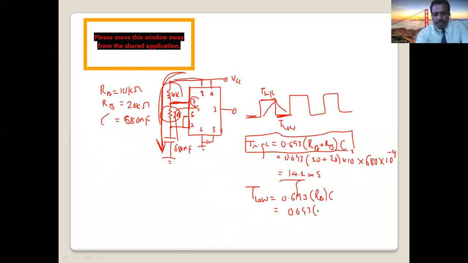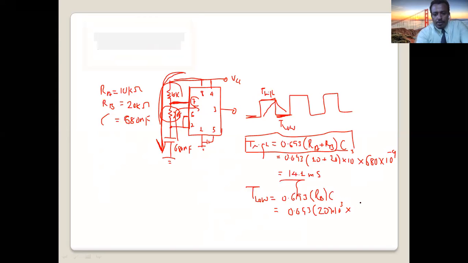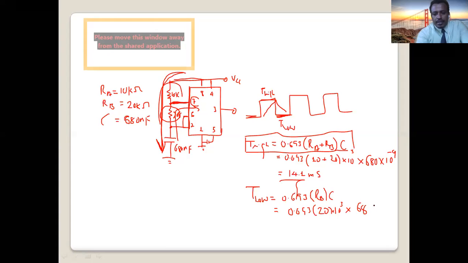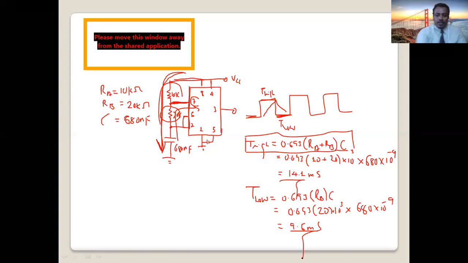How much is RB? 20 kilo ohm resistor. Kilo ohm means 10 raised to the power of 3. And the capacitor, how much capacitor do we use? 680 nanofarad. Nano means 10 raised to minus 9. So if you calculate this, the off period is 9.6 milliseconds. Let's check my calculations. So this is off.